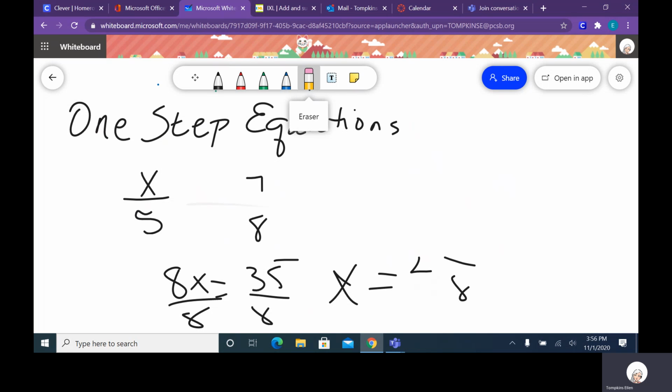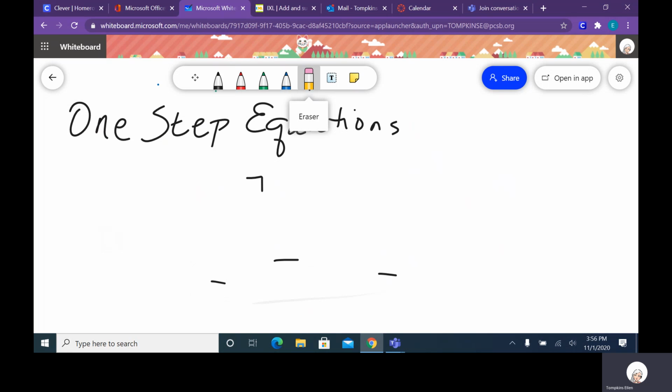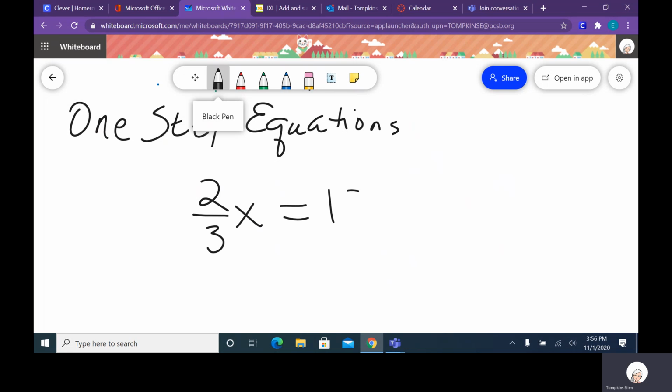Interesting. But what if we have this one, which is a little different? 2/3 x equals 12. Now, do you see how you've got this fraction here, this obnoxious little fraction, and it's stuck to the variable? They're multiplying. But you've got a fraction, a little baby division problem.